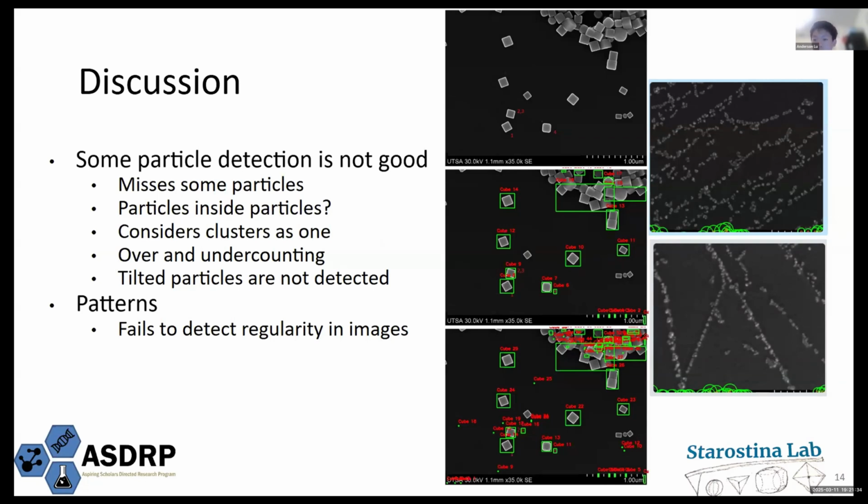Sophia and Anya, would you like to talk about spherical particles? Yeah, for the spherical images, one thing I've been working with is trying background subtraction. Originally I tried using the mean as the background. But for some images, the mean value is actually the particle and not the background.